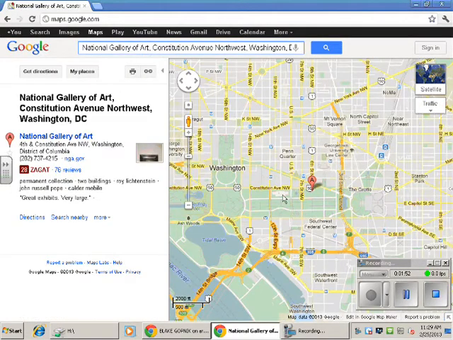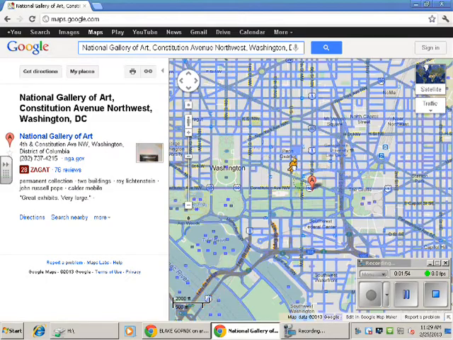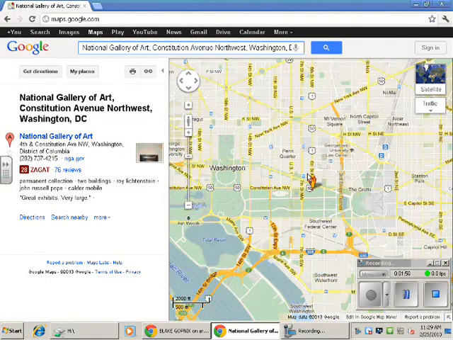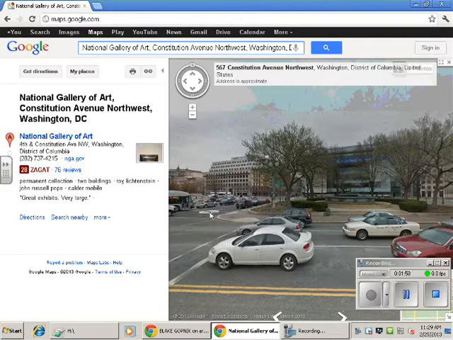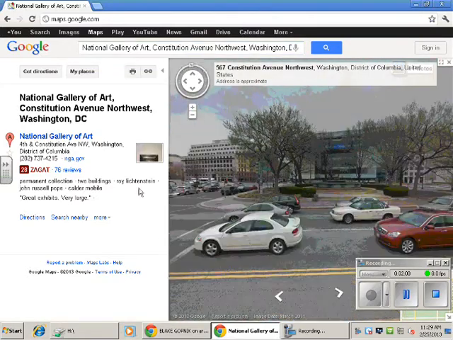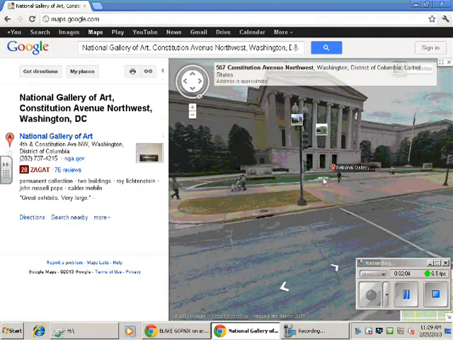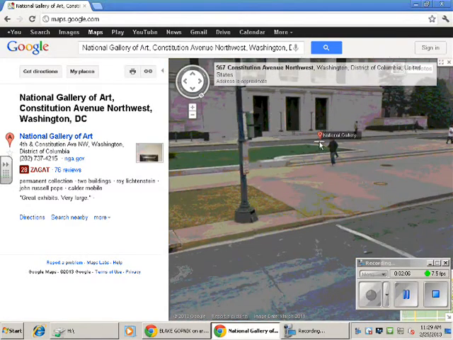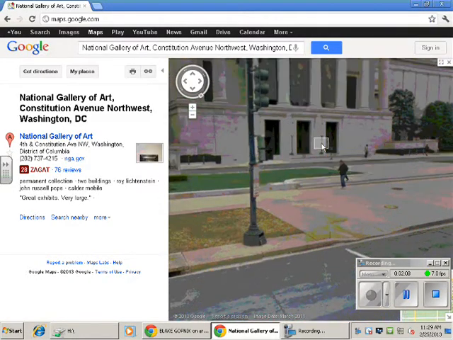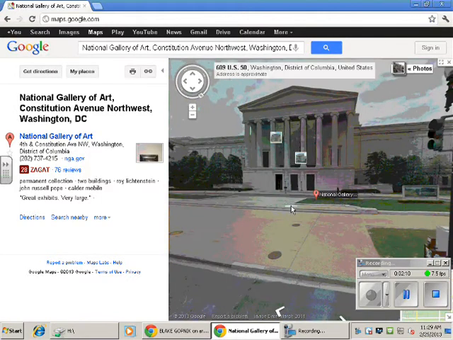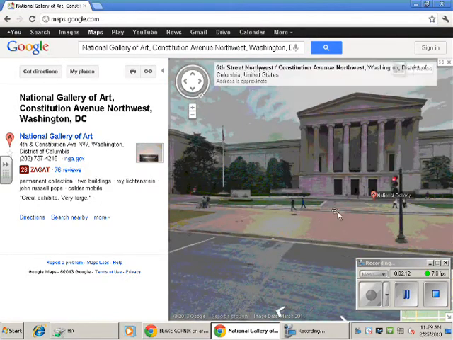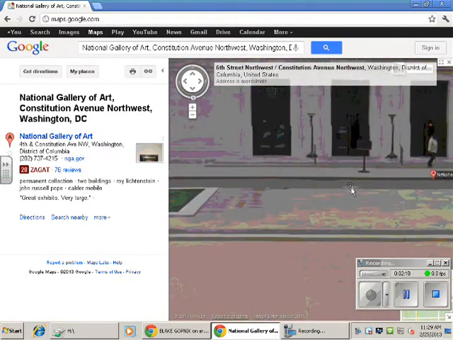So then I clicked on that, and then I dragged my little person out to the A, and then I dropped it, and then I looked around, and I figured that was probably it because of that thing right there. So that's how I did it. So then I decided to place it there because that's where the painting's hanging.